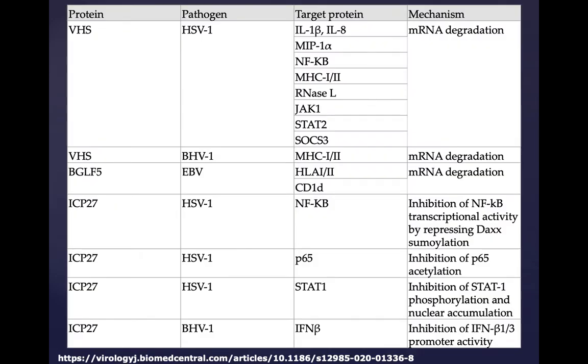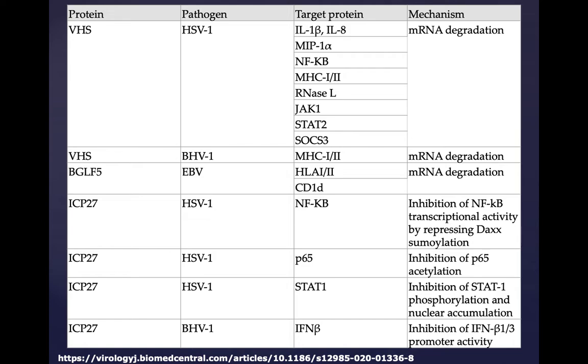So this is also an example I lifted from a paper from BioMed Central. I think this is a review paper, for the case of certain viral pathogens. Certain viral pathogens express proteins that target proteins of the host cell.